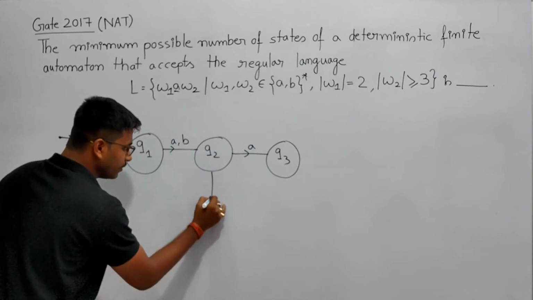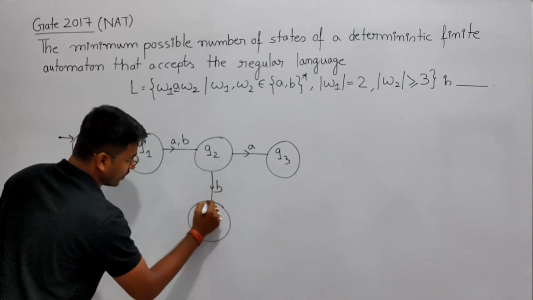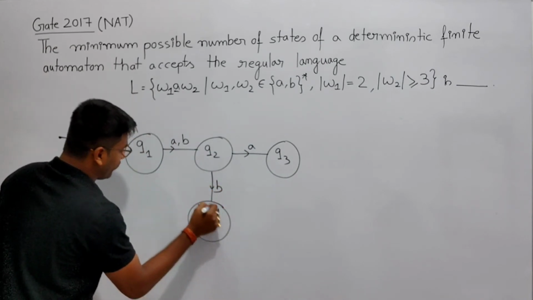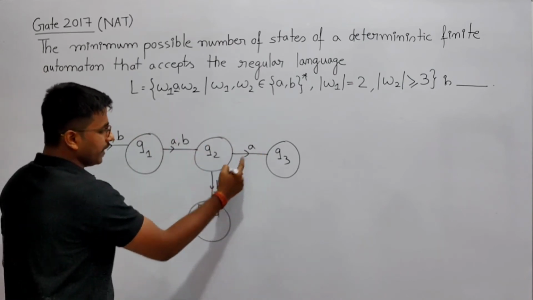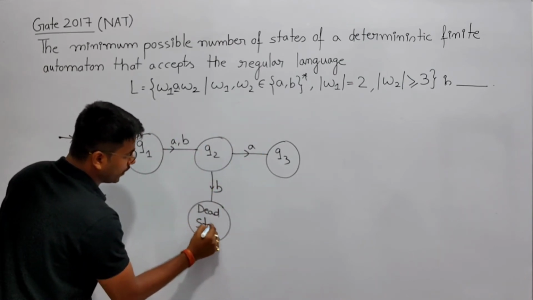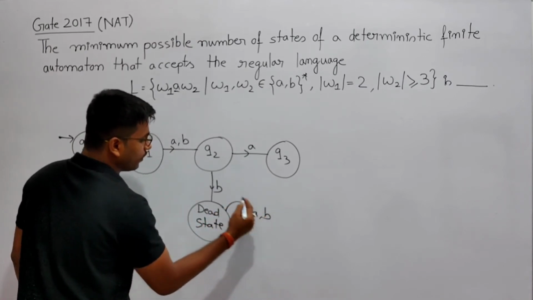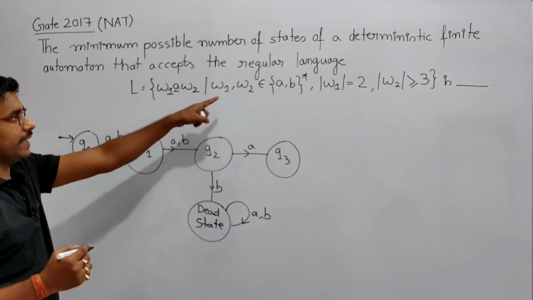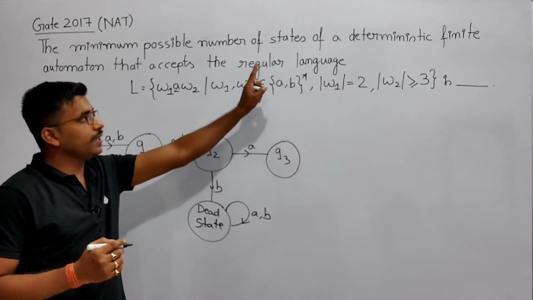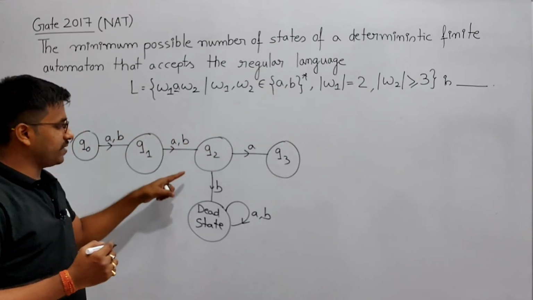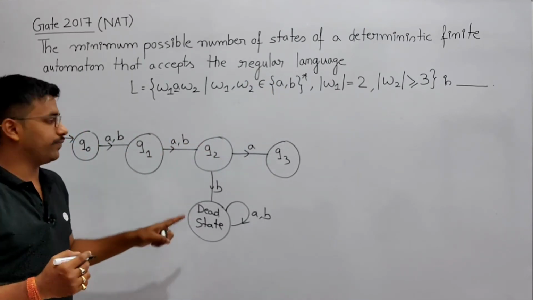But if we get B at Q3, then you have to reject it, to the dead state, because after W1 it should have A, it should not have B. After it's in that dead state, if you get anything, you will stay there only. And you know that here sigma is {A, B}, so for every state you have to give a transition for every input alphabet.